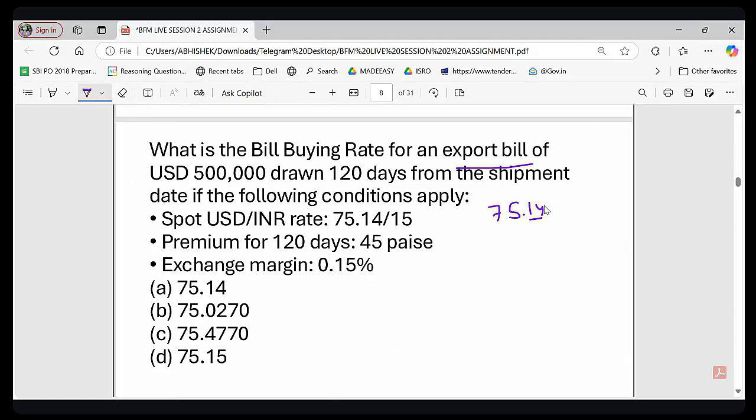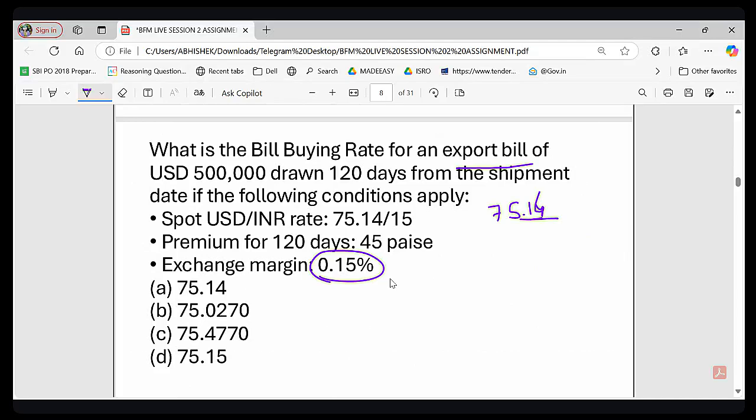Now that we know that the bank uses 75.14, here is the next step. The exchange margin is 0.15%. So do we add or deduct this margin for a bill buying transaction? Tell me. The exchange margin is how much? 0.15%. Do we add or deduct this margin for a bill buying transaction?